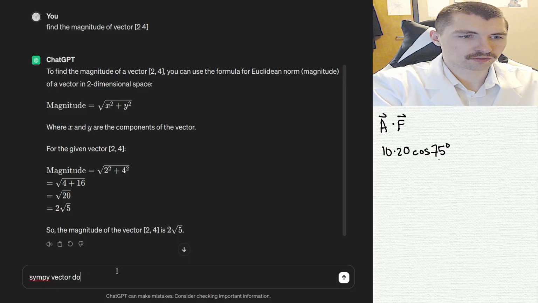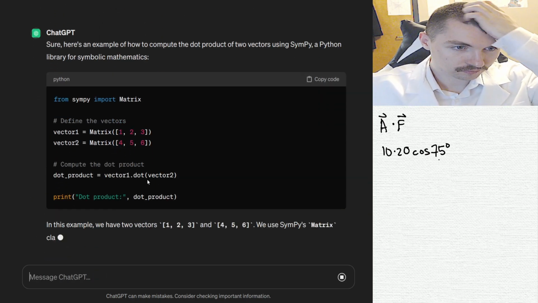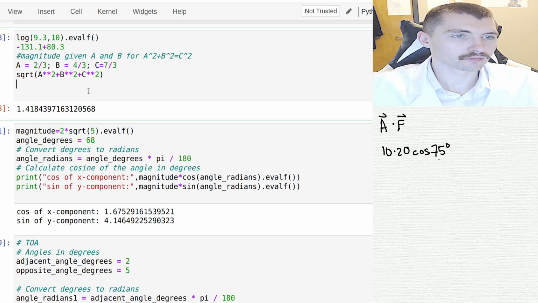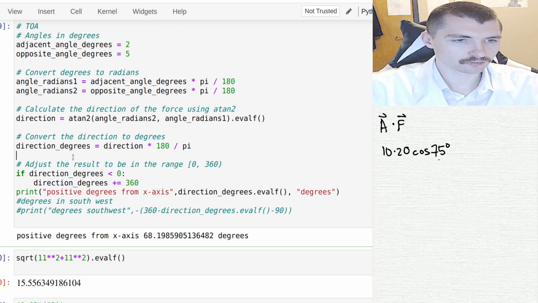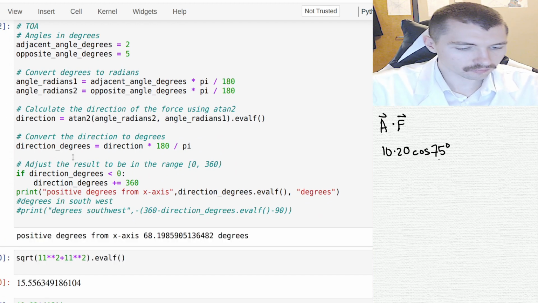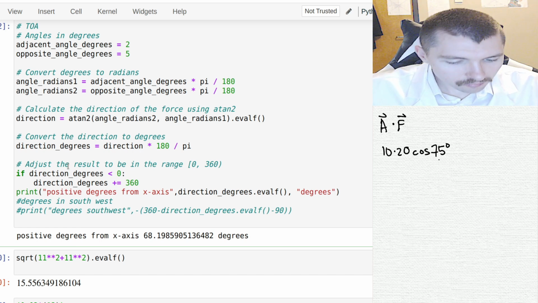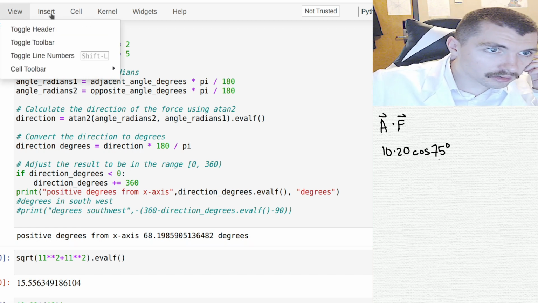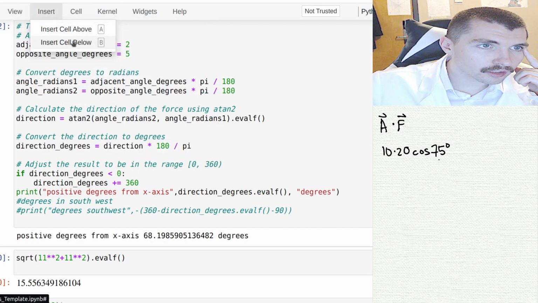Semi vector dot product example. Yeah, I need to run this. Insert below. Okay.